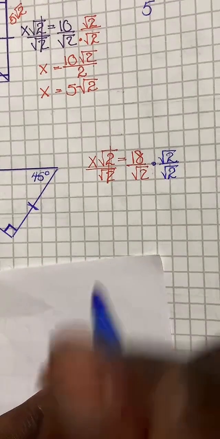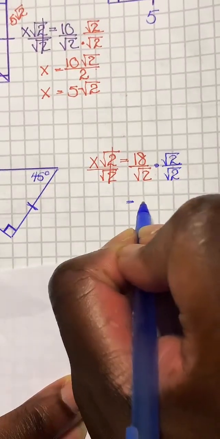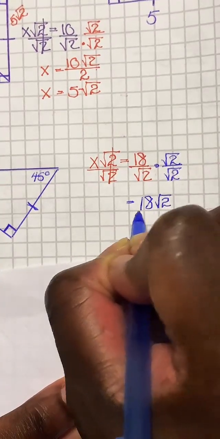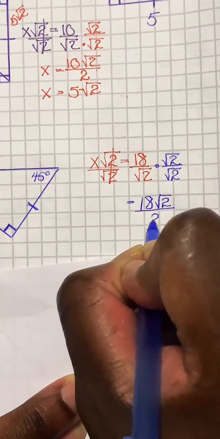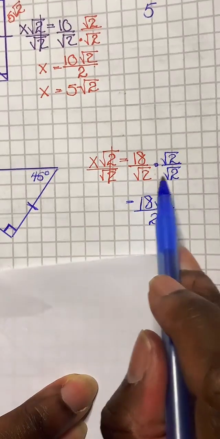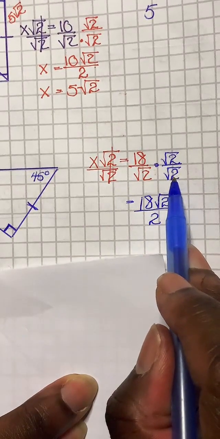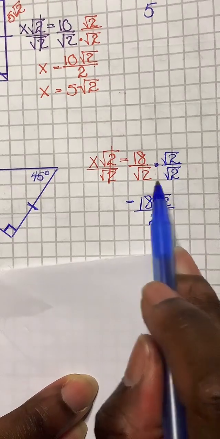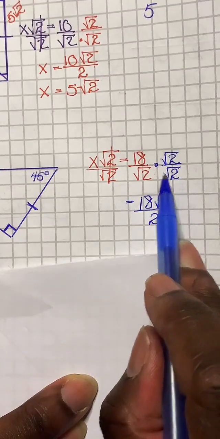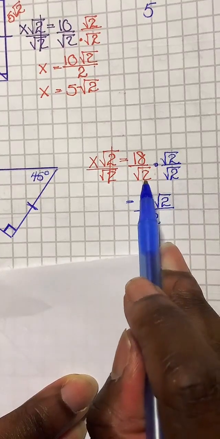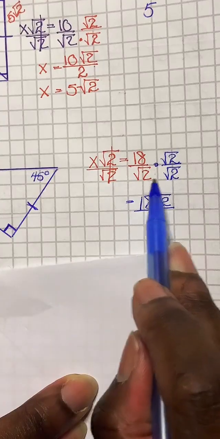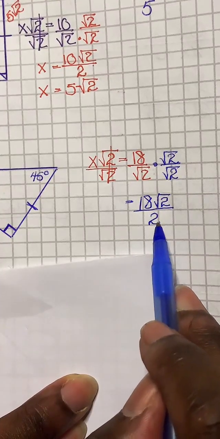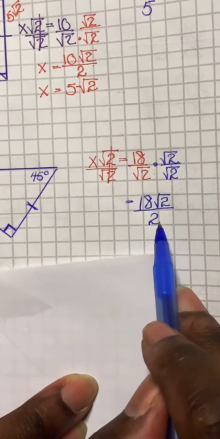So that gave us 18 square root of 2 over 2, because remember, square root of 2 times square root of 2 will give me square root of 4, and the square root of 4 will give me 2. Shortcut: if you're multiplying the same radicals with the same radicand, that's what's underneath the radical, it will simply give you what's under the radicand without the square root signs.